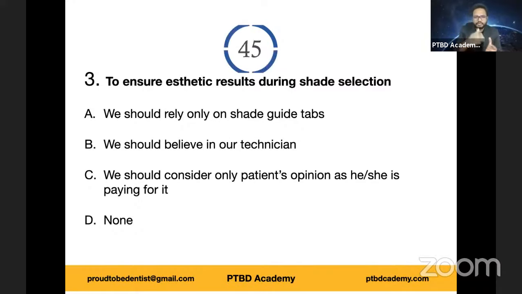Also, pictorial representations, illustrations, division of a tooth into thirds, and then a drawing, and then noting down shades of each third, and even asking your technician to come and see if there is a possibility, along with patient's consideration, patient's opinion, right? Because ultimately it's them who will be taking the crown or processes. So all of these factors combined will ensure best aesthetic results possible during shade selection.